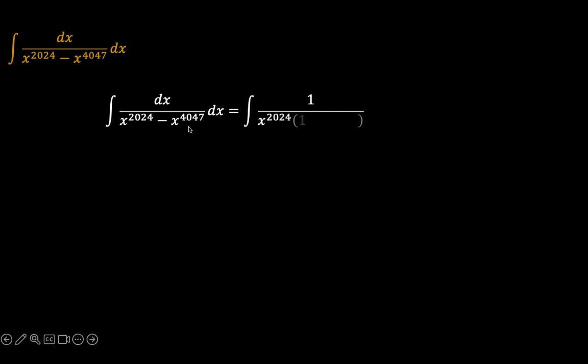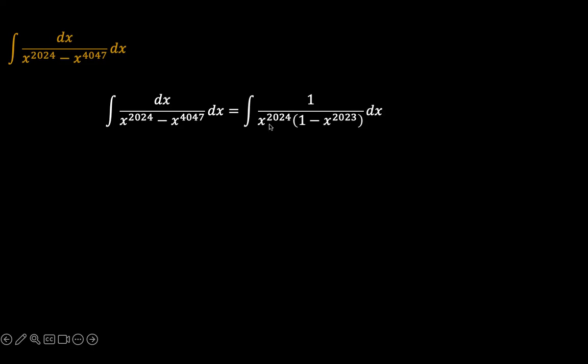The problem really involves splitting it into partial fractions. The first step would be to factorize the denominator. Since x to the power 2024 is common to both of these terms, we can pull that out.